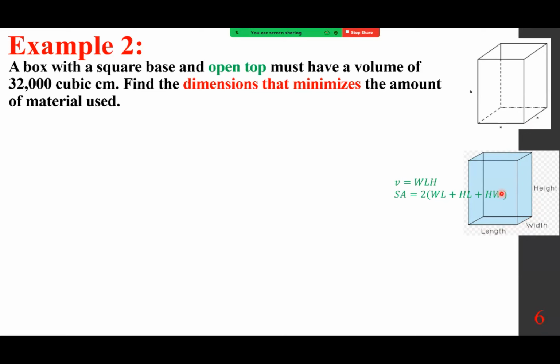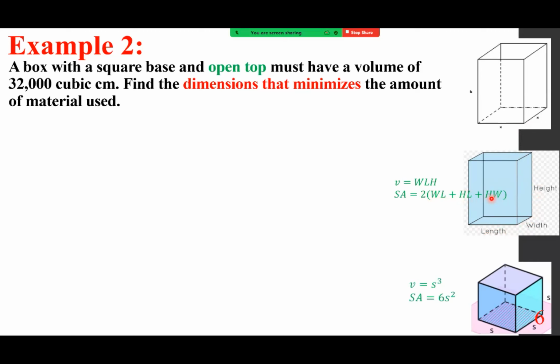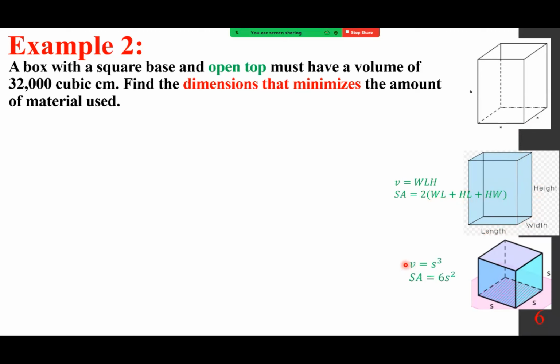As you can see, we have 2 of each. That's why we have this number 2 times W times L plus H times L plus H times W. That's the surface area. If we happen to have a cube where all sides are equal, the volume is S cubed. One face has area of S squared. There are 6 sides, 6S squared, just to remind everybody.